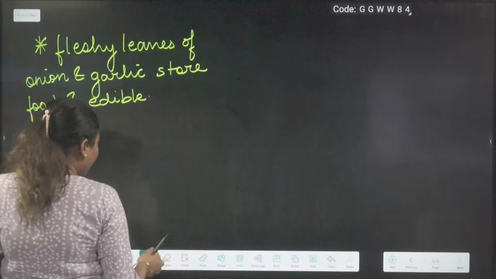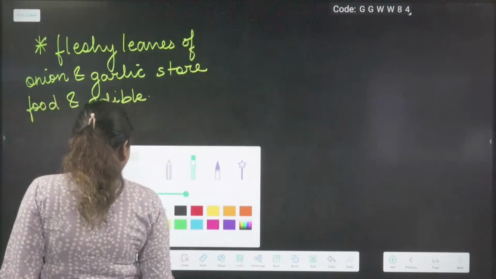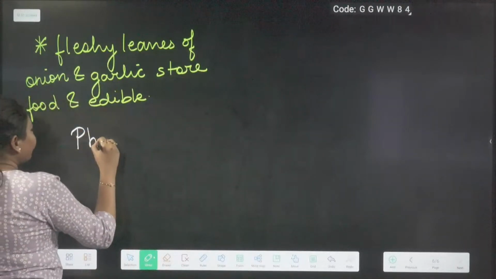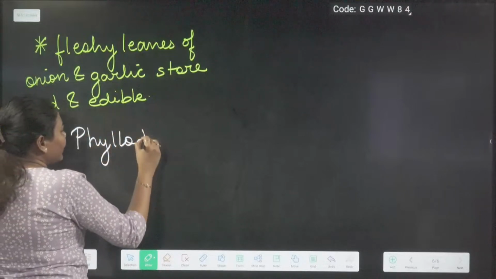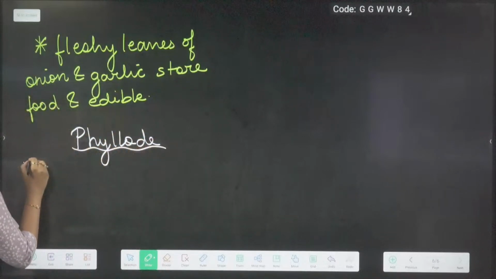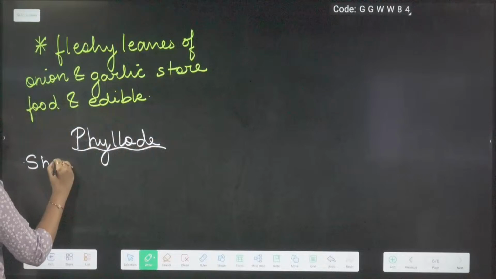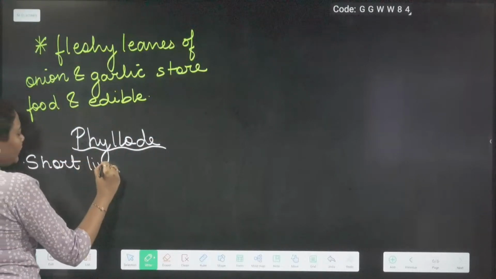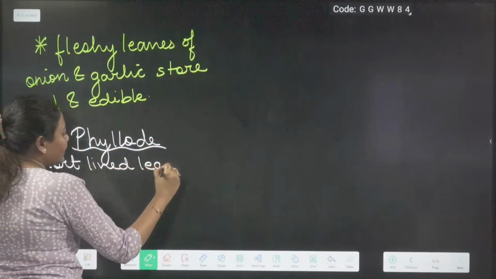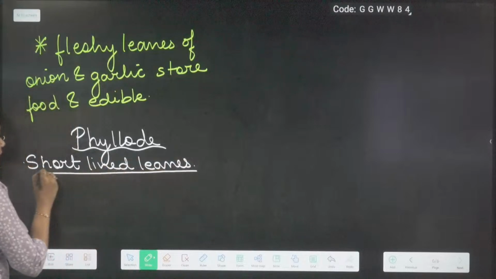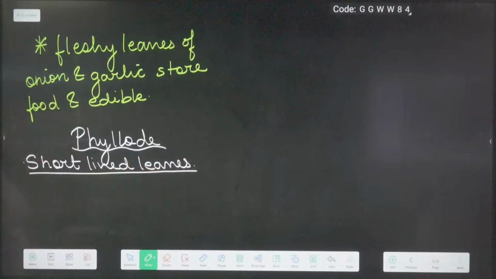Now, in stem, we have studied phylloclade and cladode. What are we going to study in leaf? Phyllodes. What is phyllodes? In phyllodes, leaves are short-lived.